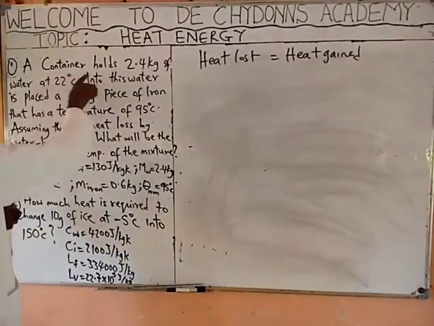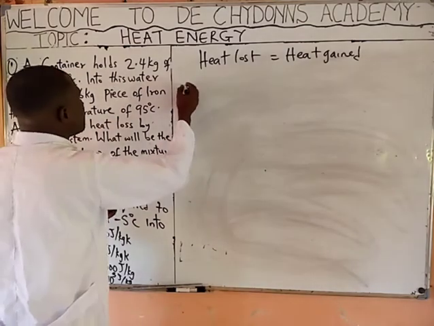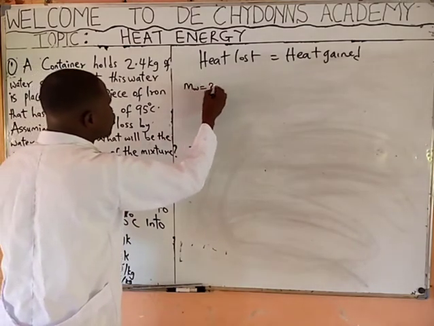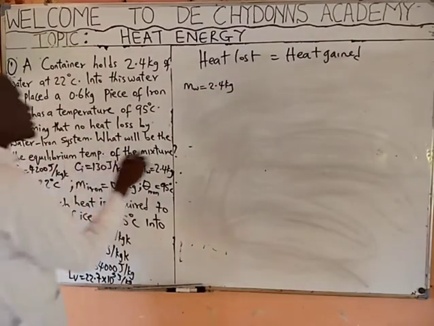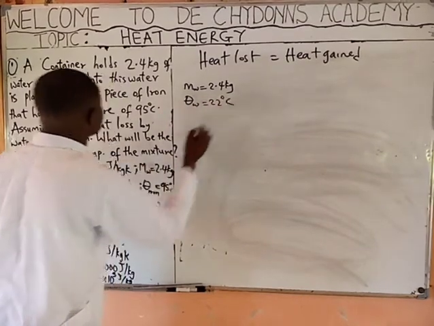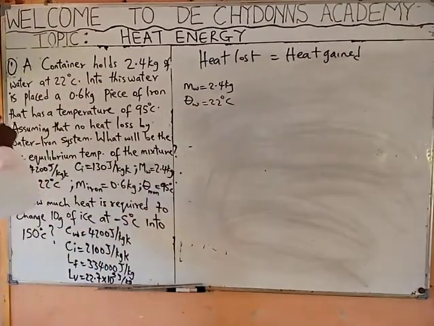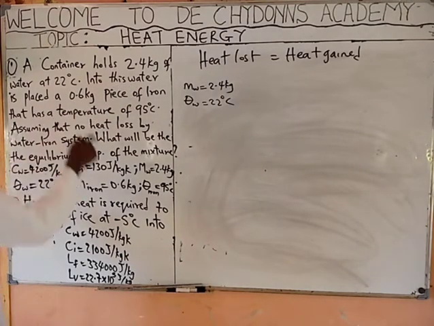They say a container holds 2.4 kilograms of water. We say mass of water equals 2.4 kilograms, at 22 degrees Celsius. Temperature of water equals 22 degrees Celsius. Into the water is placed a 0.6 kilogram piece of iron.